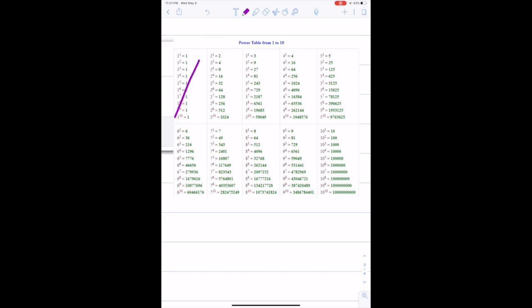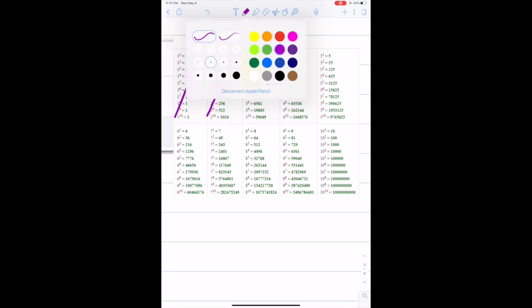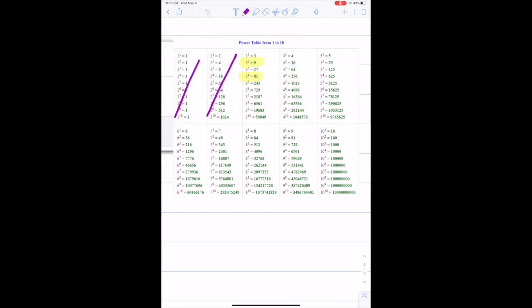I don't see 9 or 81 there. Oh, look right here. 9, 81. So another way to say 9 is 3 to the second power, and another way to say 81 is 3 to the 4th power.